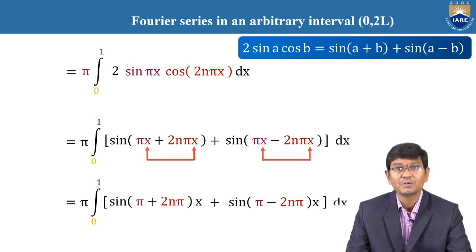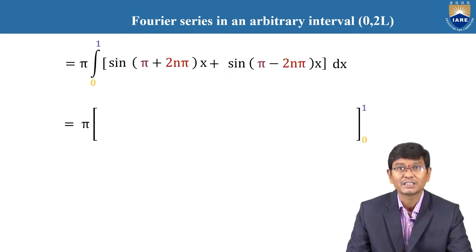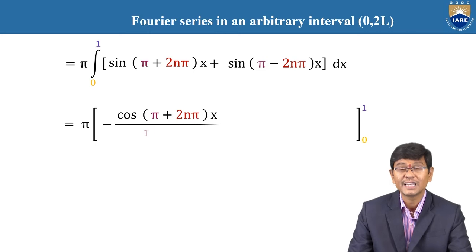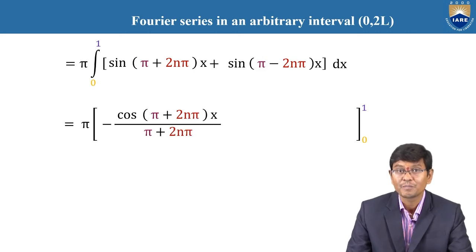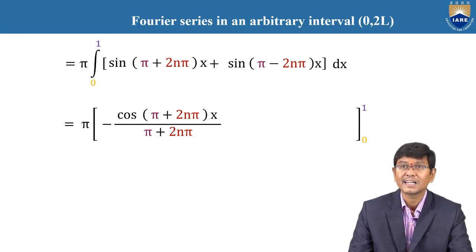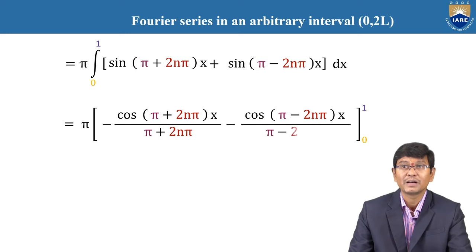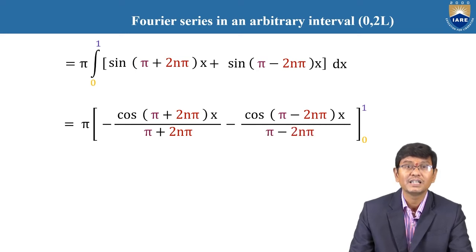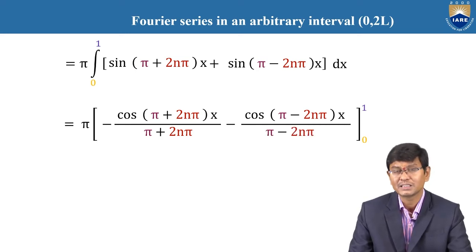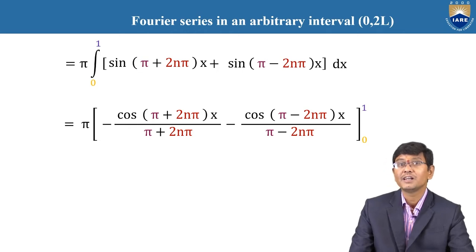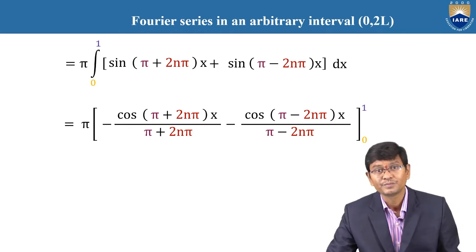Now we want to do the integration once again. The integration of sin is minus cos. Therefore, minus cos of (π plus 2nπ) into x, divided by the coefficient of x, which is π plus 2nπ. And again in the second one, the integration is similarly minus cos of (π minus 2nπ) into x, divided by the x coefficient, which is π minus 2nπ. Now the limits are between 0 and 1.